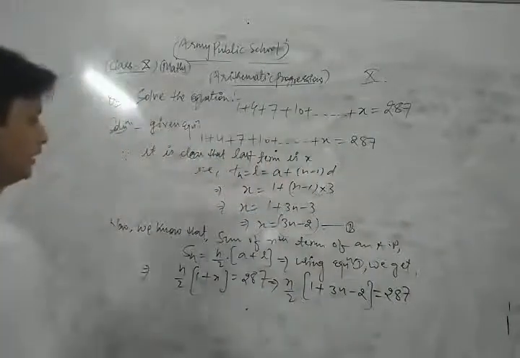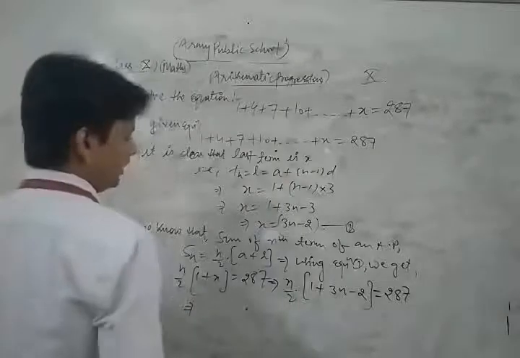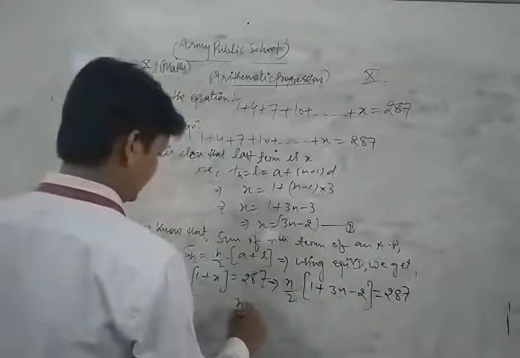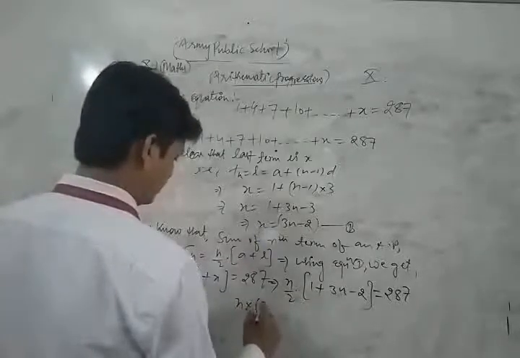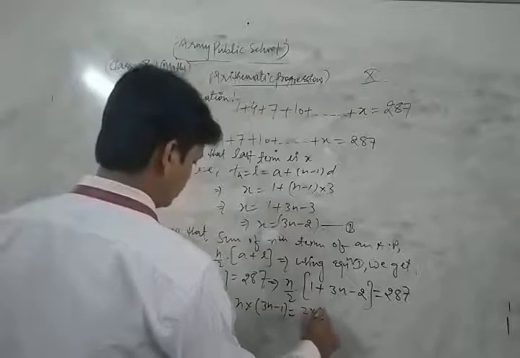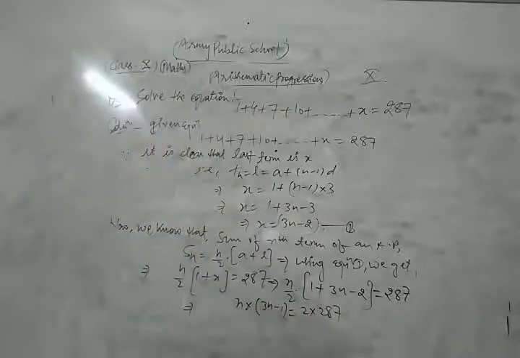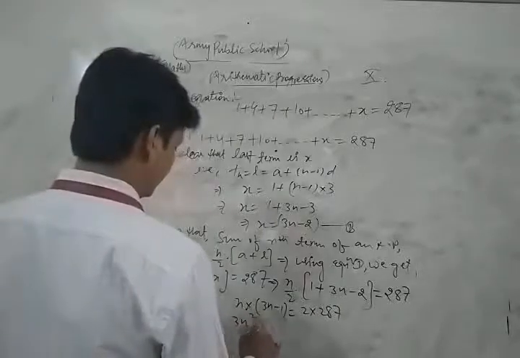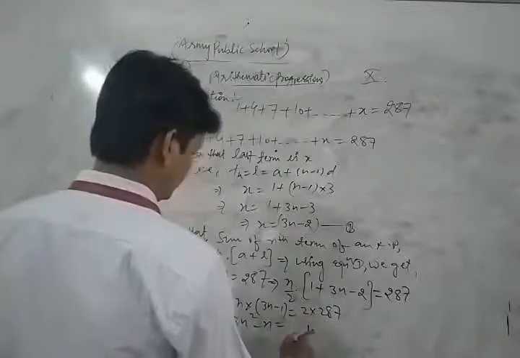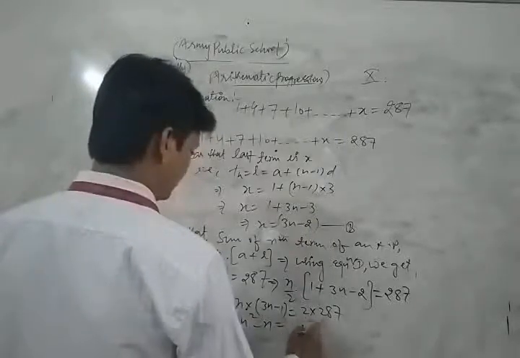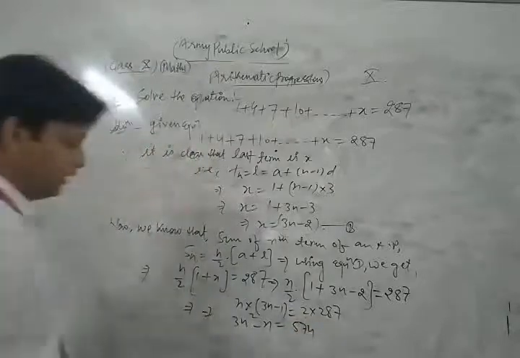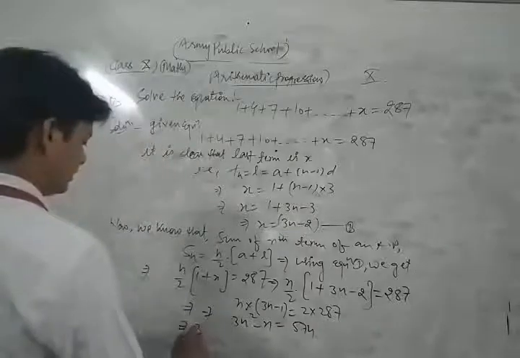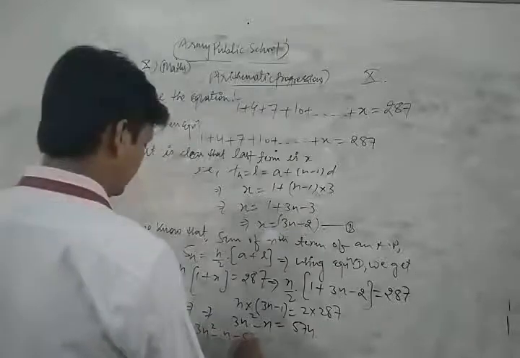Now we simplify them, so we get n into 3n minus 1 is equal to 2 into 287, which is 574. So we get 3n square minus n is equal to 574. We transfer that to this side, so we get 3n square minus n minus 574 is equal to 0.